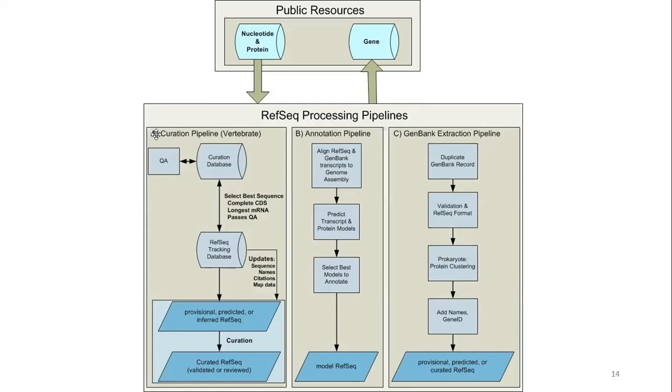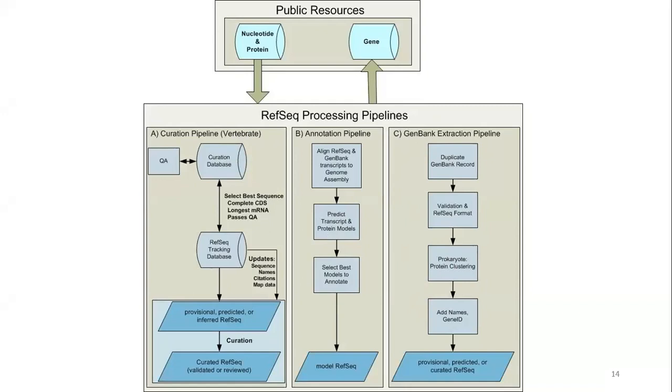The objective of using these pipelines is different for different purposes. For example, this curation pipeline is usually implemented to obtain information, curate and annotate the flat files that are vertebrate in origin, while your GenBank extraction pipeline is usually used for managing the prokaryotic sequences, while the annotation pipeline might be implemented for transcript and protein models.